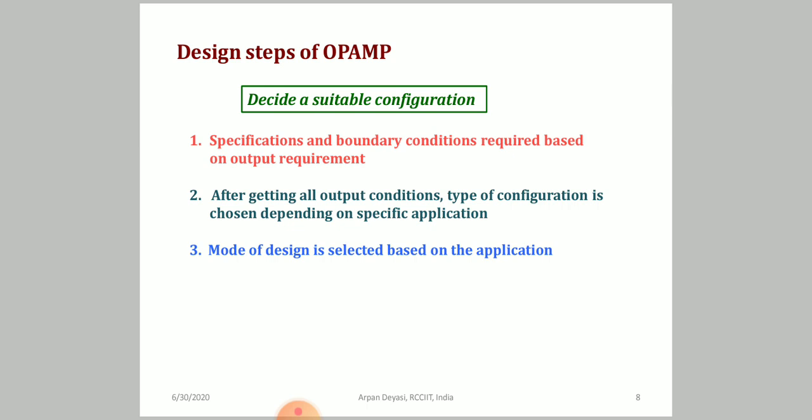And then a mode of design is selected based on the application. What type of configuration is required? Basically, that gives you the pole zero configuration, the stability criteria of the op-amp. And once you know the pole zero concept and their locations, you will find how the op-amp will behave, whether it will be stable, quasi-stable, unstable, or how I could marginally make it stable.